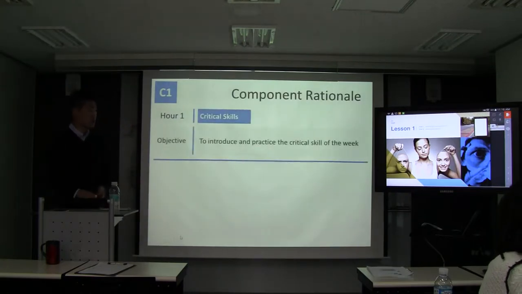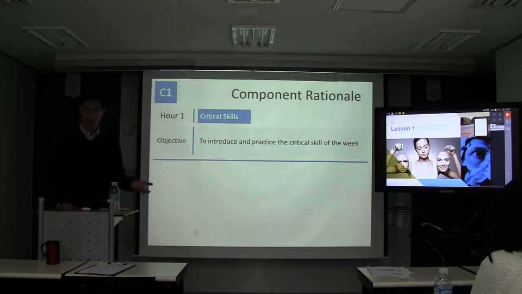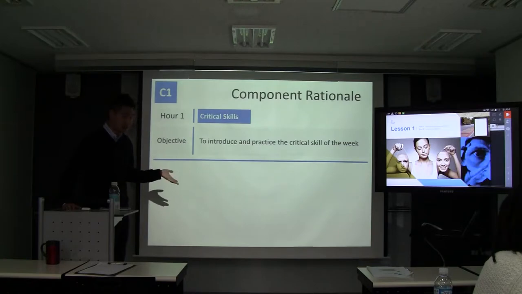The objective of the first hour of critical skills is to introduce and practice the critical skill of the week. Very simple. As long as your students understand the skill, practice it and get a good feel for how to apply it, then you've done your job for this session.